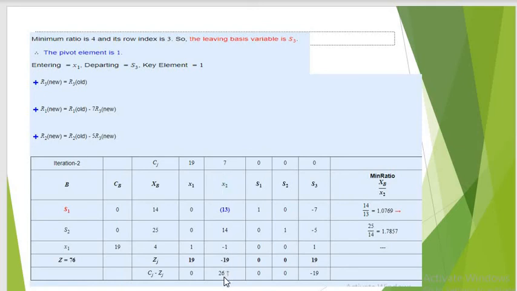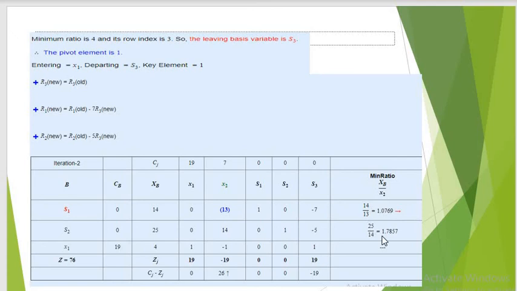Now we have to find the leaving variable. For that, use the minimum ratio rule, that is calculate xb by x2, where x2 must be greater than 0. Then calculate 14 by 13. Then 25 by 14. Here the next x value is negative, so we cannot calculate that value.